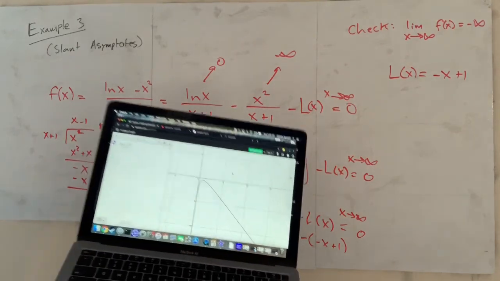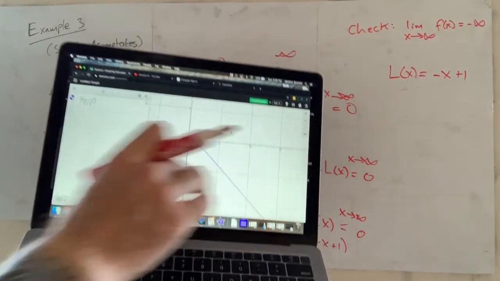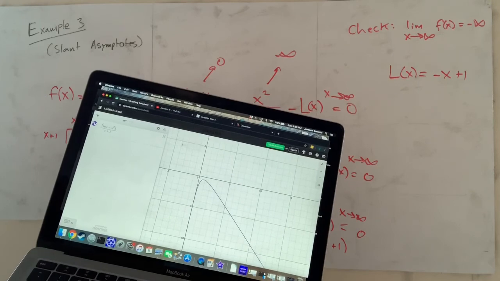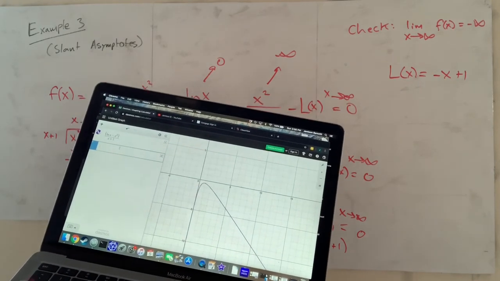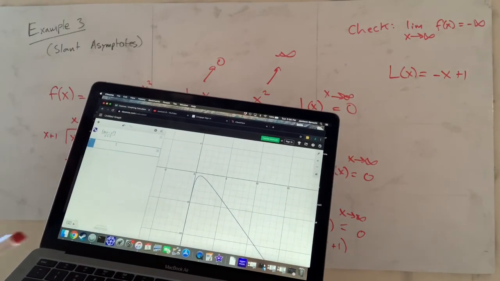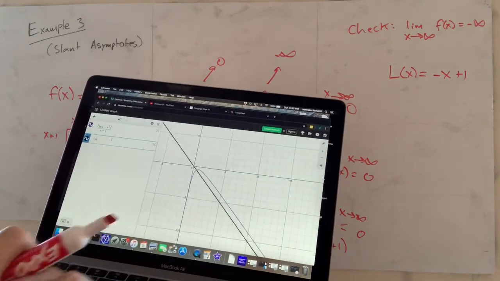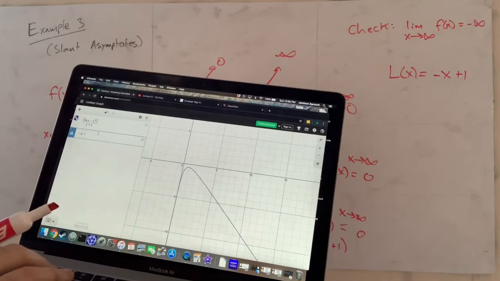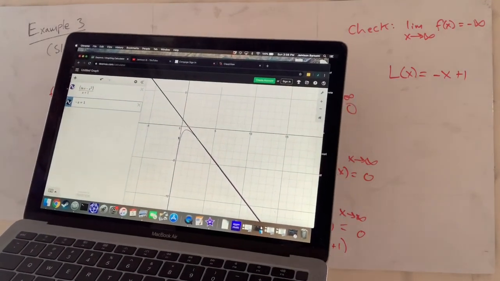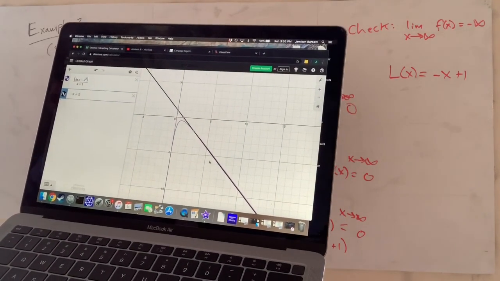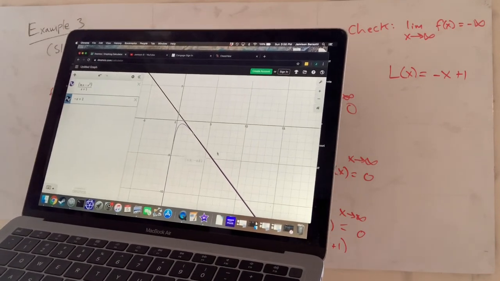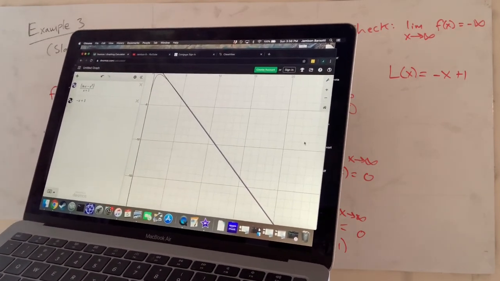Well, if we look at that graph, yeah, it looks like that is definitely a line with a negative slope, so we're right there. But now, if we plug in negative x plus 1, notice what happens is you can see those two lines actually look pretty similar.